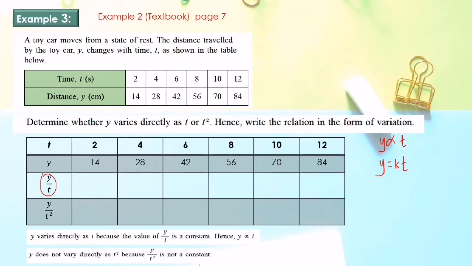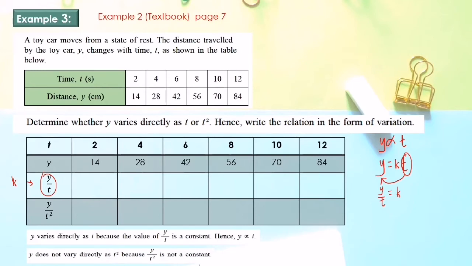So we can move t to left hand side and then we can get k equals to y over t. So actually this is the value of k. Do you understand? So we need to check whether all the constants are the same value or not. If all the values of k are the same, means y varies directly as t.